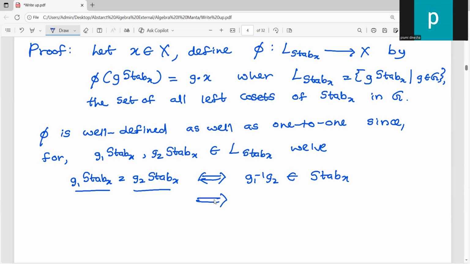This is if and only if. Now this is an element in the group stab X. By definition, and definitions are if and only if statements, right?